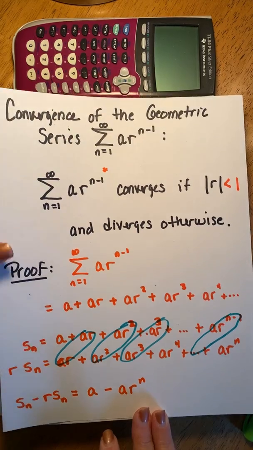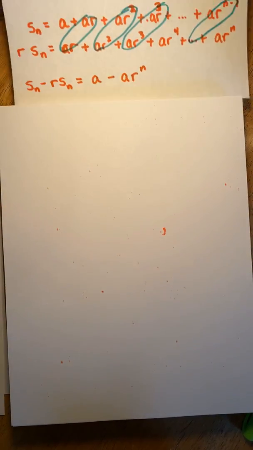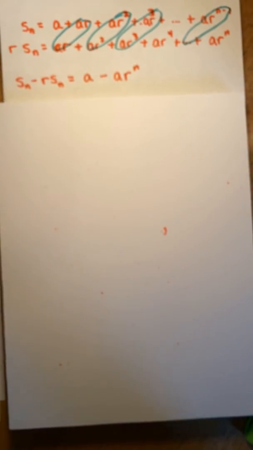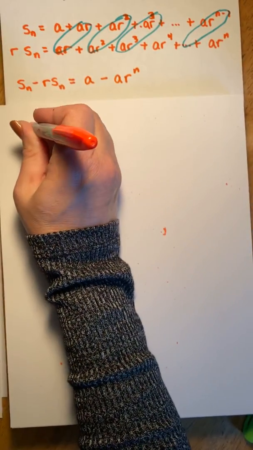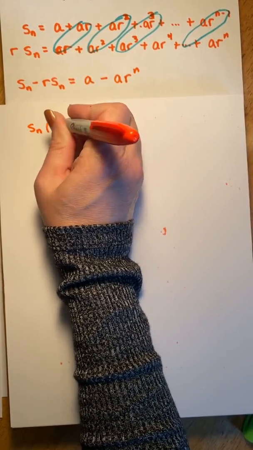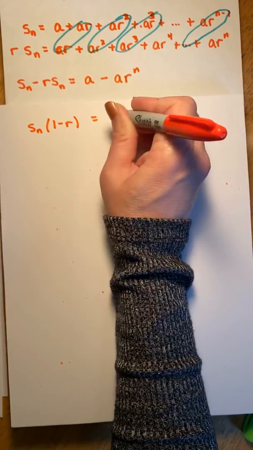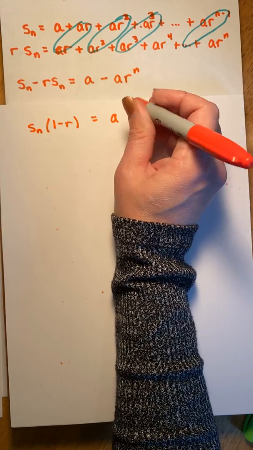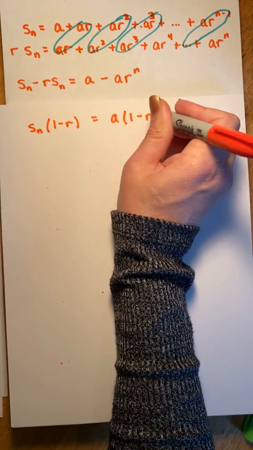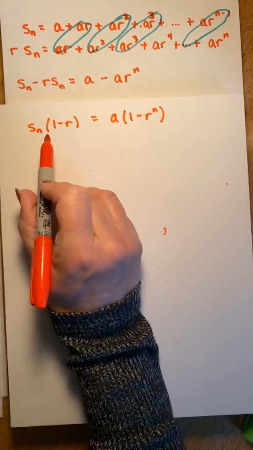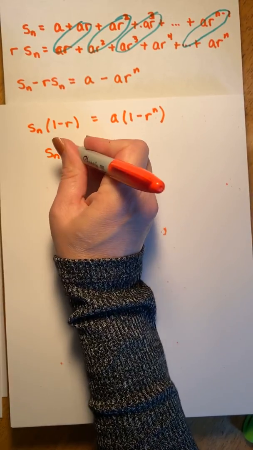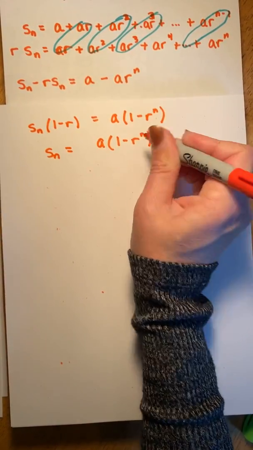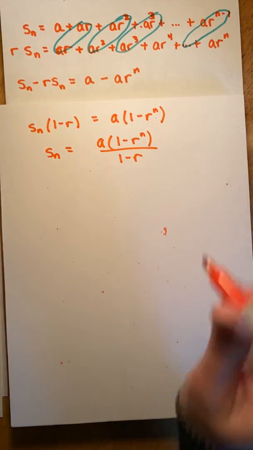So now I'm going to factor out the Sn: Sn times (1 minus r) equals a times (1 minus r to the n). Then I'm going to solve for the nth partial sum: a times (1 minus r to the n) all over (1 minus r).